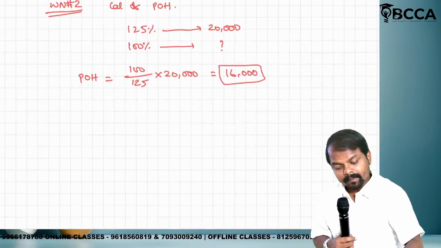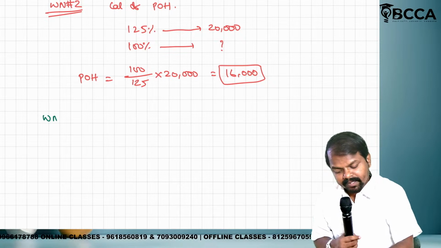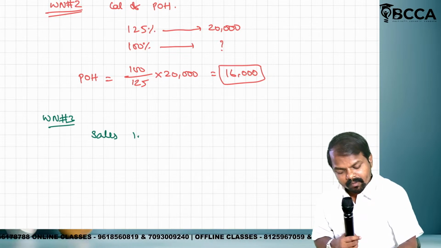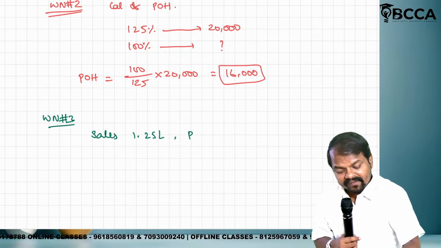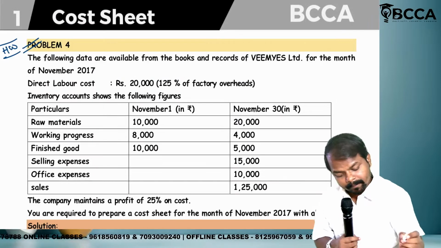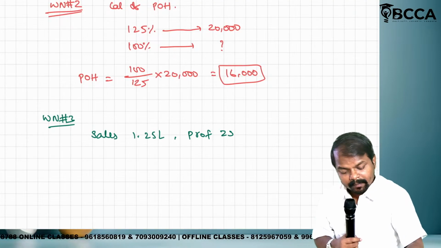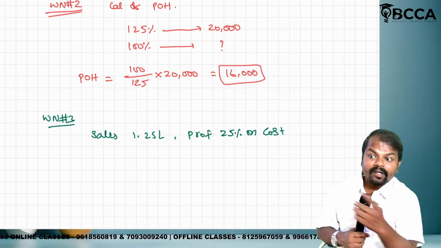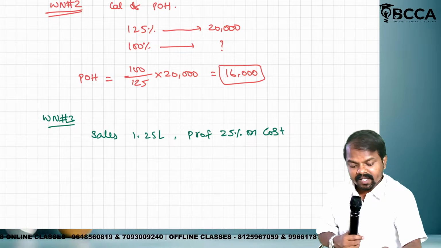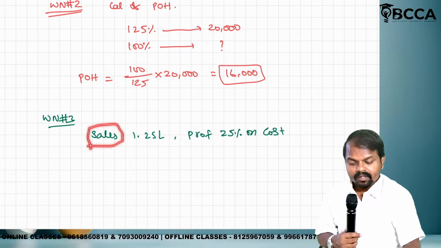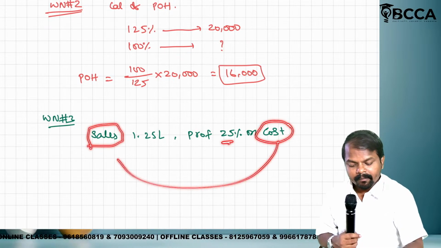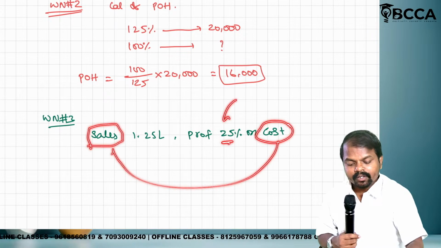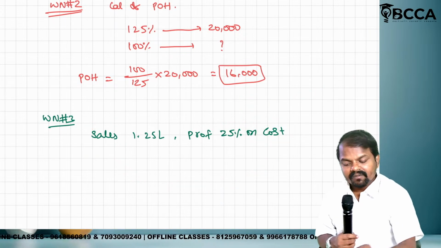Listen carefully. Working note number 3. Sales how much? 1,25,000. Profit is equal to how much they gave? 25% on. Clear? We told conversion principle. Information: percentage on what? Matched or not matched? Then we need to convert. How to convert? What is the formula?